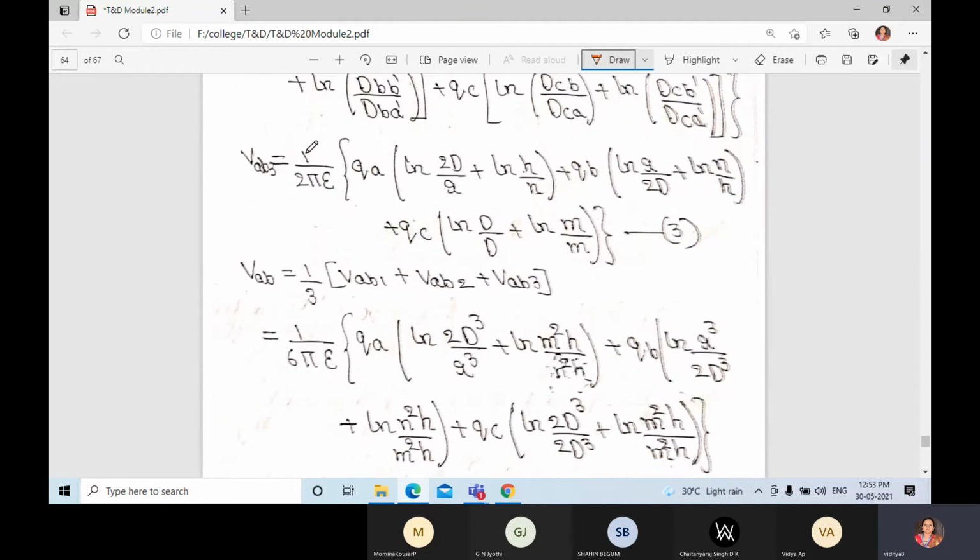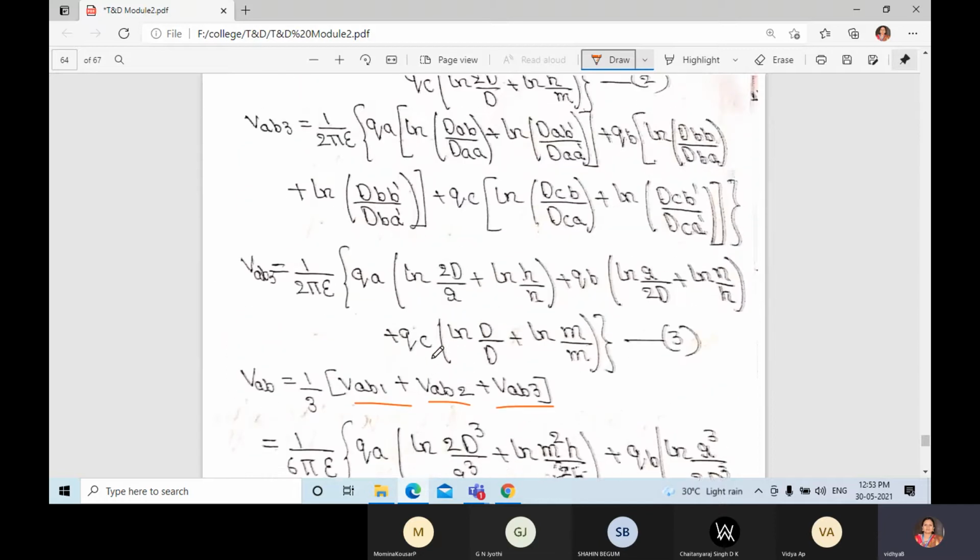After writing the three equations and changing the distance values, we get the average VAB equal to 1 divided by 3, VAB1 plus VAB2 plus VAB3. If we add the three cases, then 1 divided by 6 pi epsilon, QA is common.